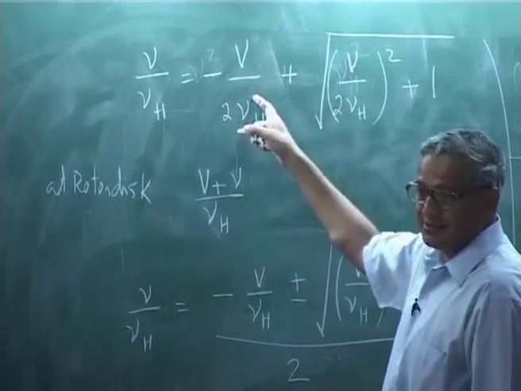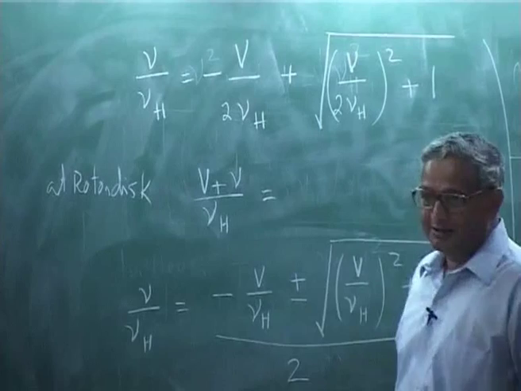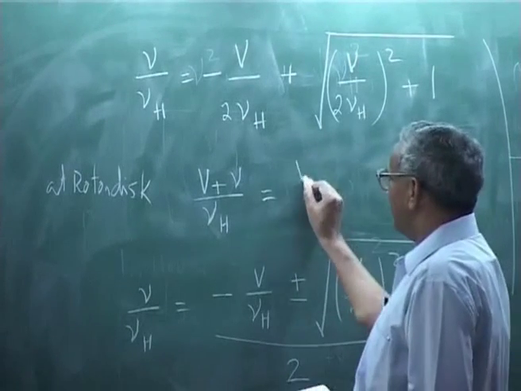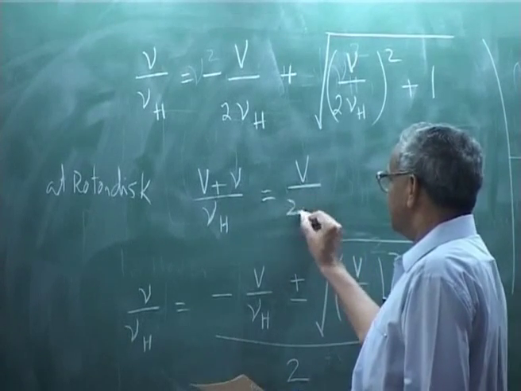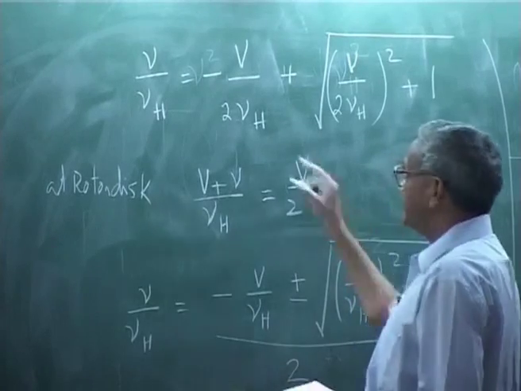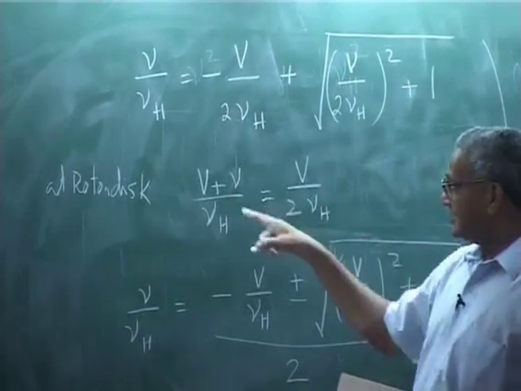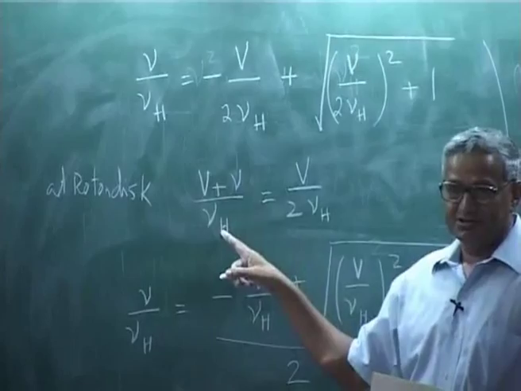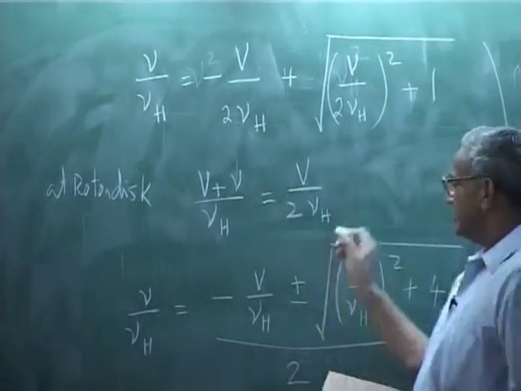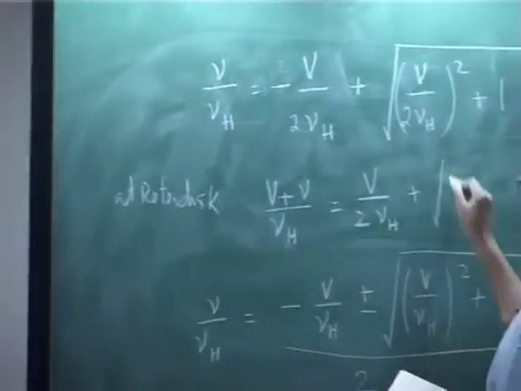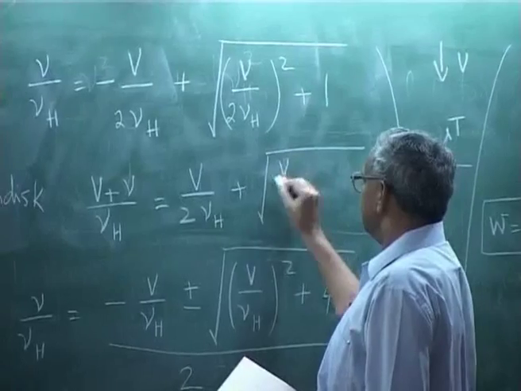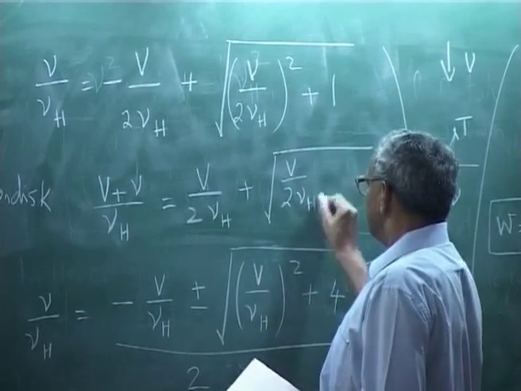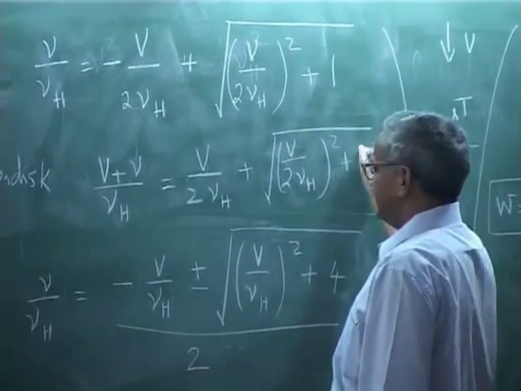So, I will add the same thing here. This will become now V over 2 nu H, because the minus sign will go off, because I am adding plus V by nu H, plus root of same thing, V over 2.